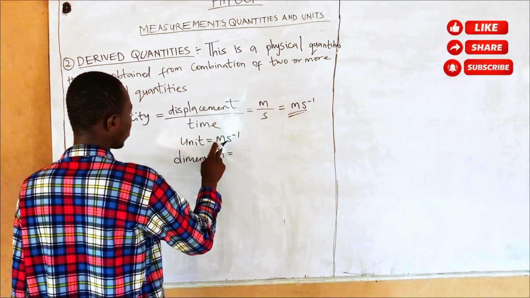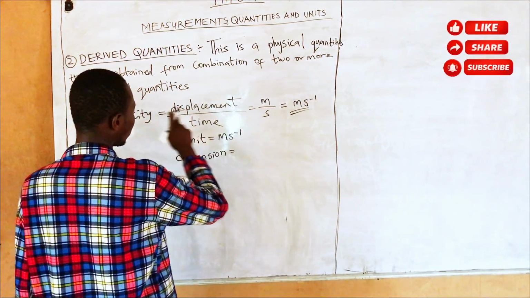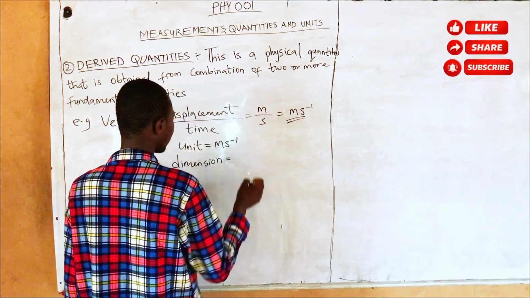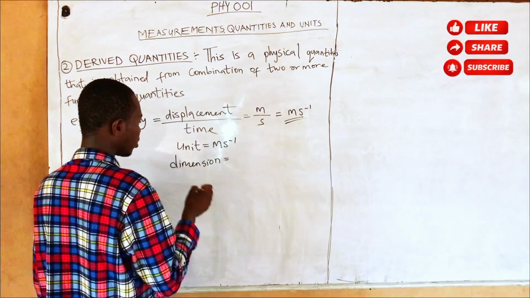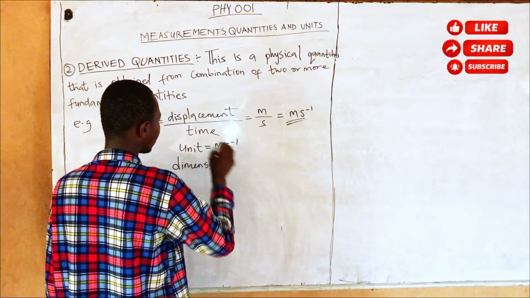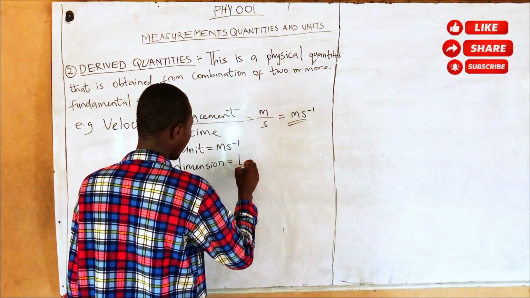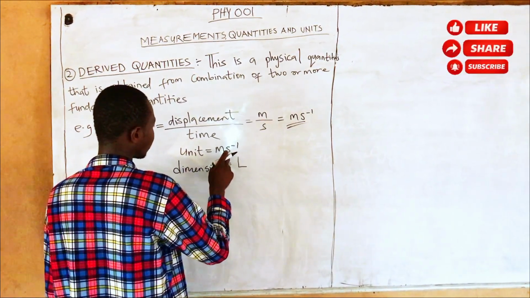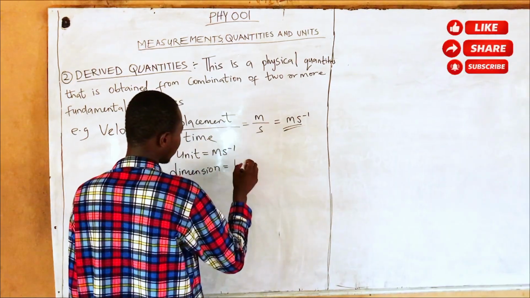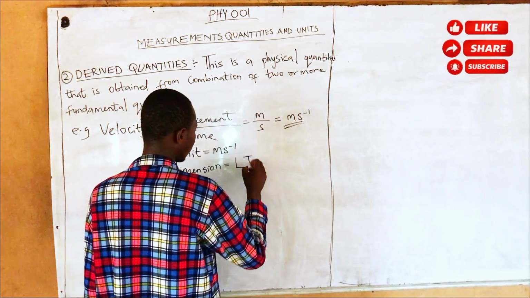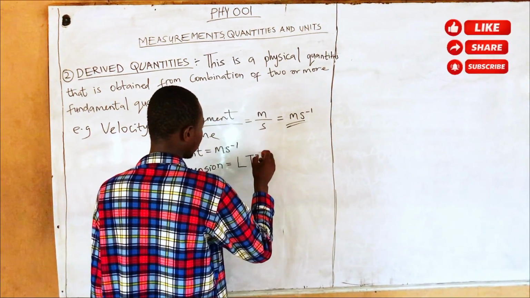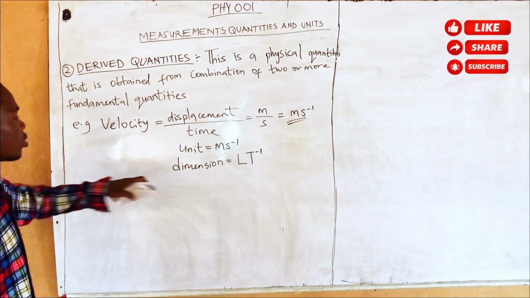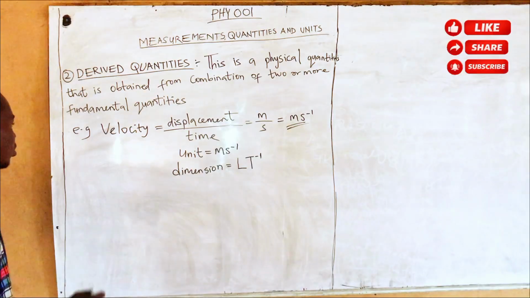Because meter measures displacement, the dimension for displacement is length, and length is L. And seconds is for time, and the dimension for time is T. So the dimension of velocity is L T to the power of minus 1.